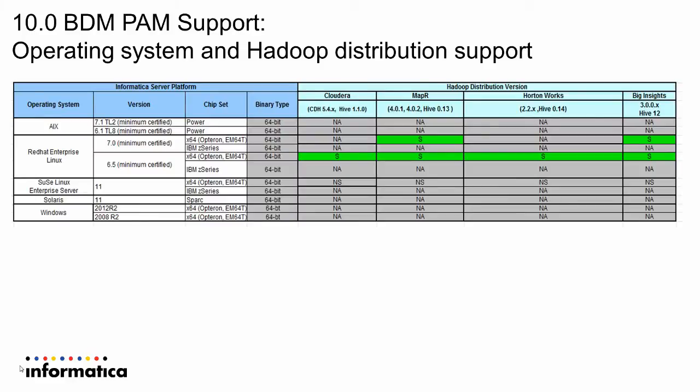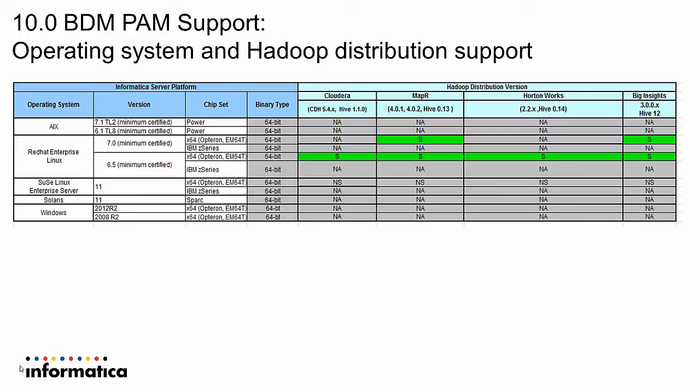Before I jump onto my environment and show you what this looks like, let me just cover the PAM. For BDM, you need to log on to the Informatica network, and on the right-hand side they'll have, I believe, the product availability matrix.